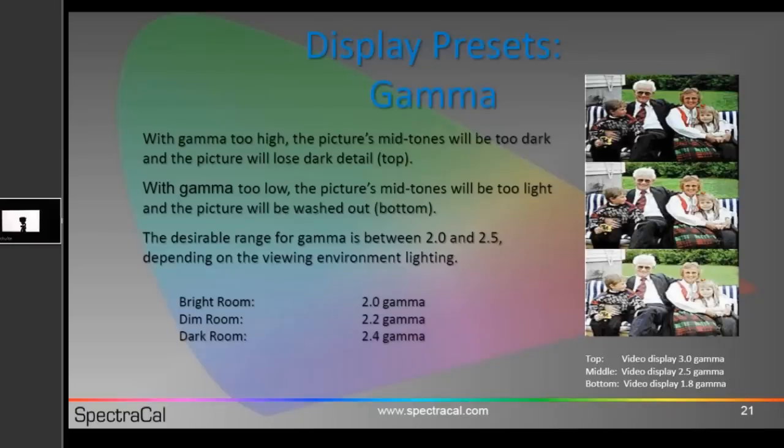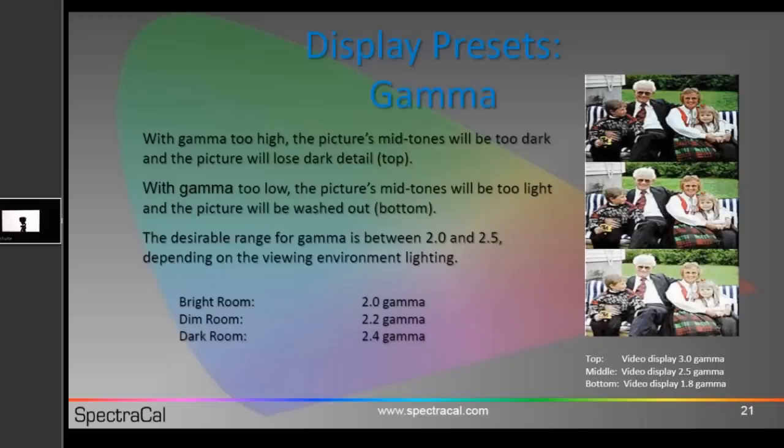However, if our lighting environment is different than what it was in that authoring suite, we can readjust the gamma slightly differently in order to compensate for our room light. So in a bright room where we have much light competing with the picture content, we might want a little bit brighter set of midtones so we don't lose the shadow detail, for instance.